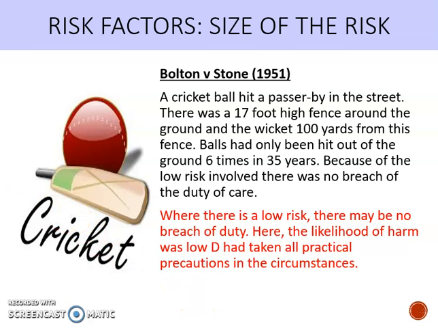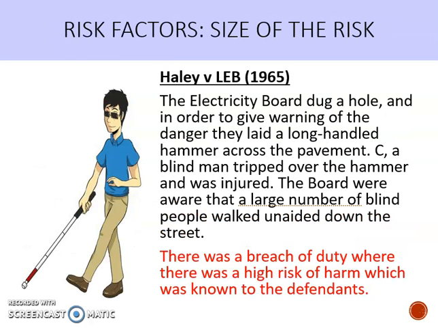It's nice to contrast that to a high risk situation. So we're going to look at Haley and the London Electricity Board here. Remember Haley then, our claimant was blind and he fell into a hole made by construction workers who'd only left a hammer across the pavement as a warning that this hole existed in the pavement.